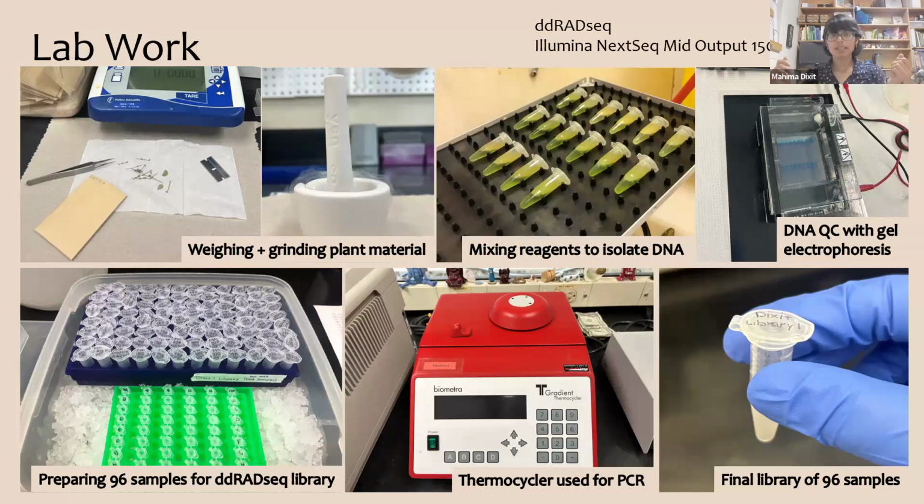So what dd-RADseq does is that you have your genome and then you have these enzymes that cut up the genome in different spots, and then it sequences those chunks. And that way you are getting kind of like a snapshot view of the genes across the genome without having to sequence the entire thing. And so this also works really well for plant groups that don't have a lot of prior genetic knowledge, and Eriogonum is one of those.